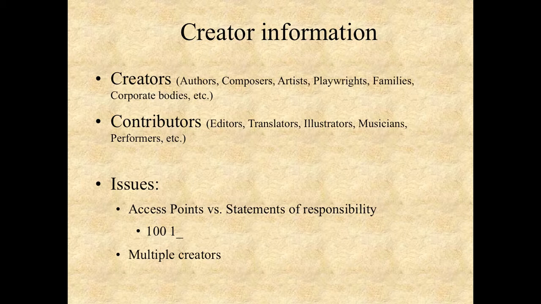This is the case definitely in libraries, but also in archives and museums. That's not what we're talking about tonight. We're going to be talking about authority-controlled access points in the next unit, actually in a couple of weeks.